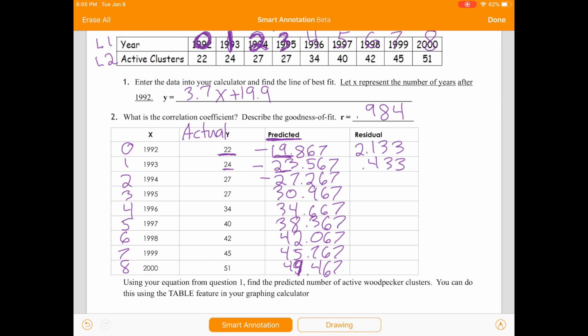Next one, you would have 27 minus 27.267. And some of these you can do in your head, others you can't. So use your best judgment on these. So I'm just going to go down and copy down what I have.